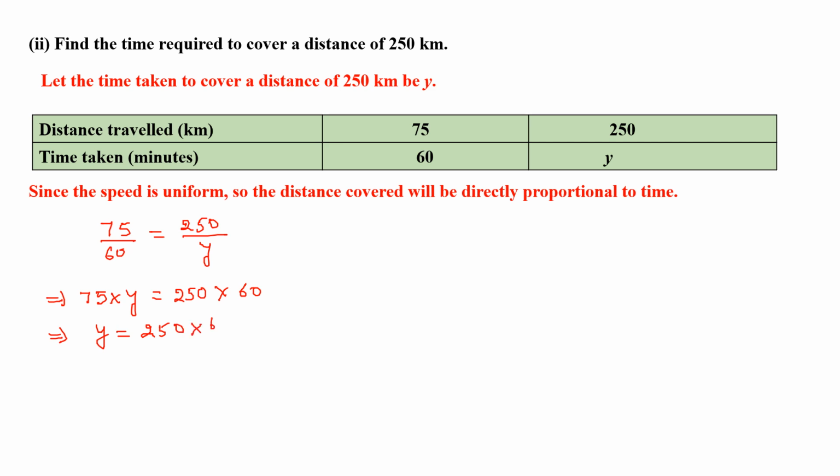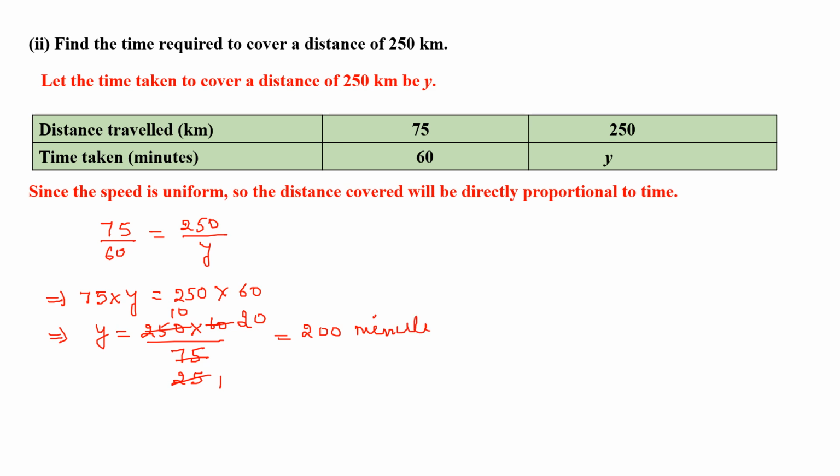250 into 60 divided by 75. So let's reduce it. 3 times 20, 3 times 25, and then 25 times 1, 25 times 10. So from here I am going to get 200 minutes, isn't it?